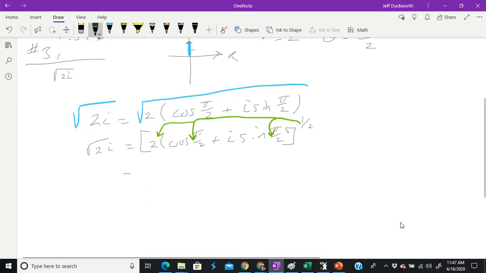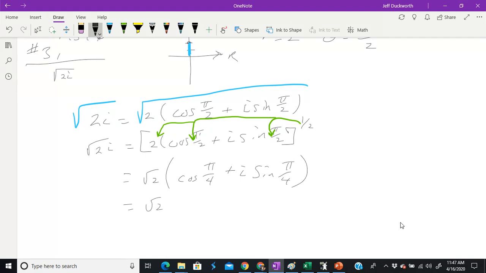So this equals root 2, and then we've got cosine of pi by 4 now, because pi by 2 times 1/2 is pi by 4, plus i sine of pi by 4. Now we simply convert it back to standard form.